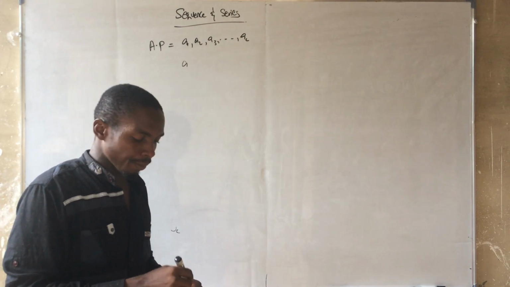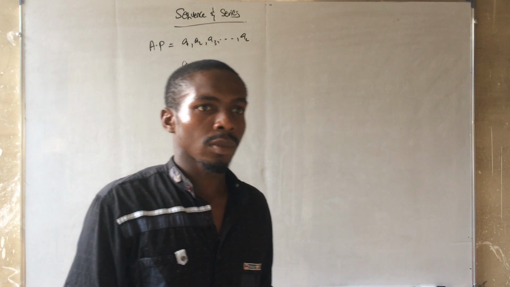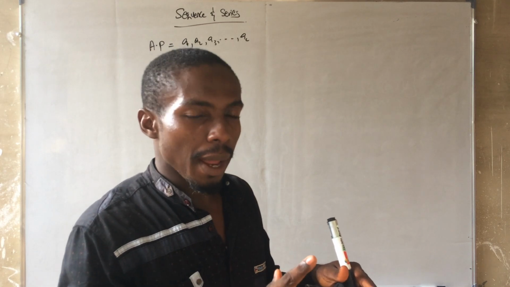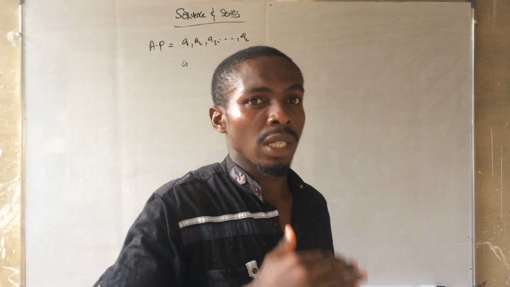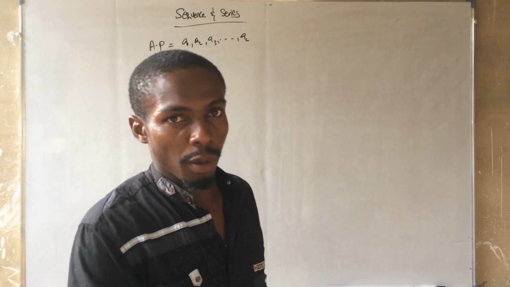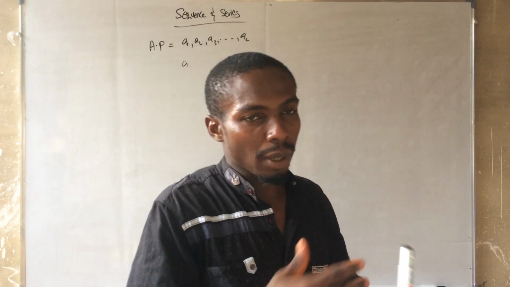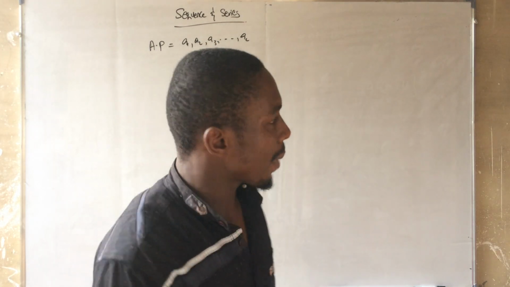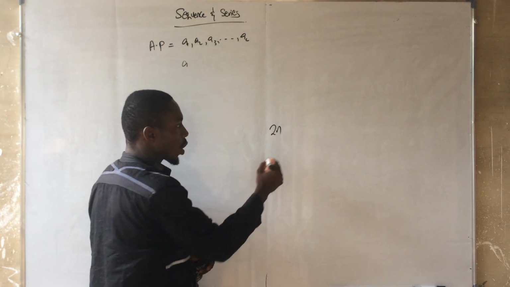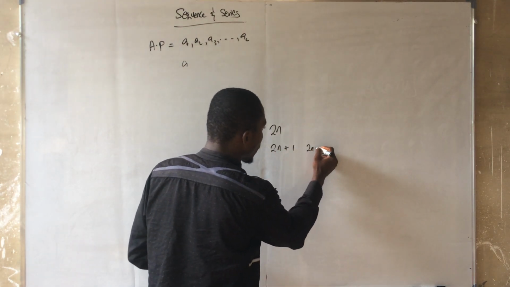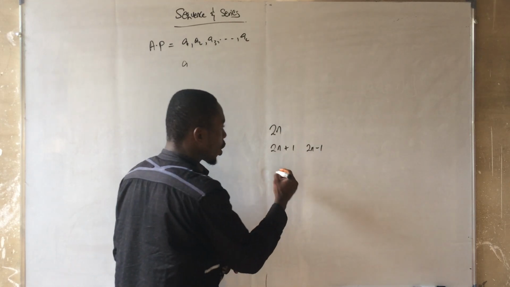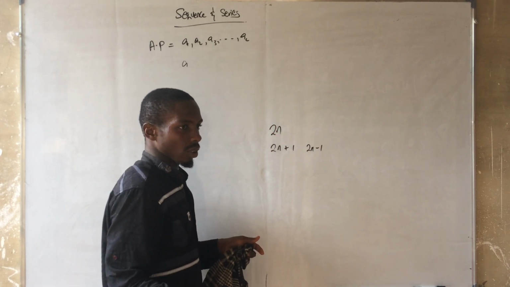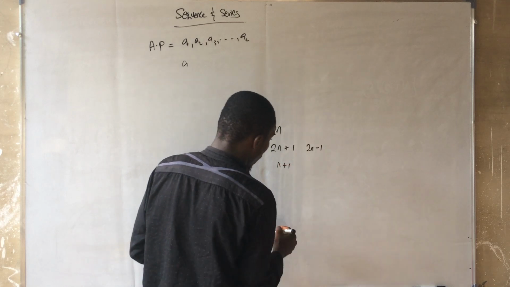In my last video I said it's not always true that a sequence must follow a particular way to form its numbers. Prime numbers don't have a particular way to form them, but even numbers do: even numbers are 2n, odd numbers are 2n plus 1 or 2n minus 1, and the normal counting numbers are n plus 1.